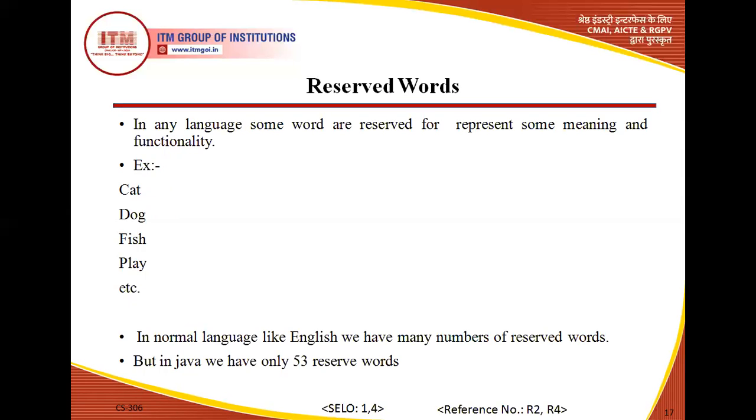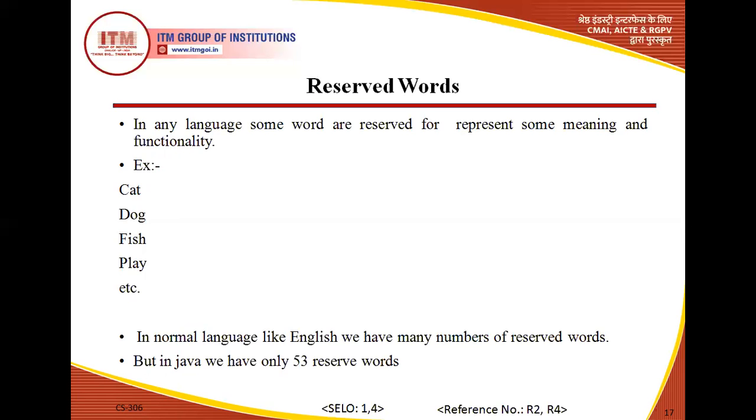If I say clock, clock represents a functionality, which is to display the time. If I say fan, fan has some special property. If you call someone Ram, Ram is an identifier because it identifies things.